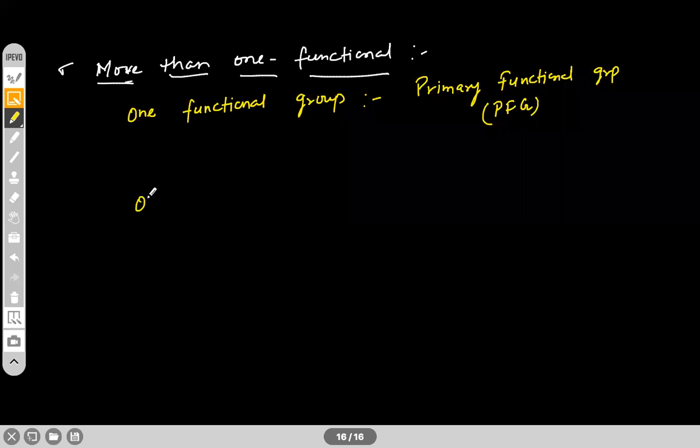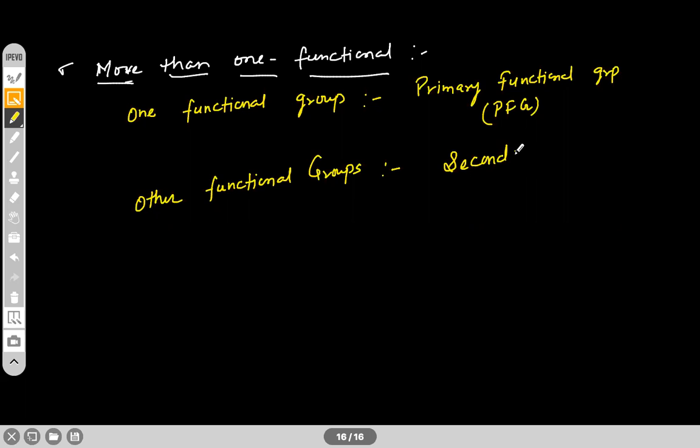And the other functional groups are secondary, that is SFG. Clear? Primary and secondary function.